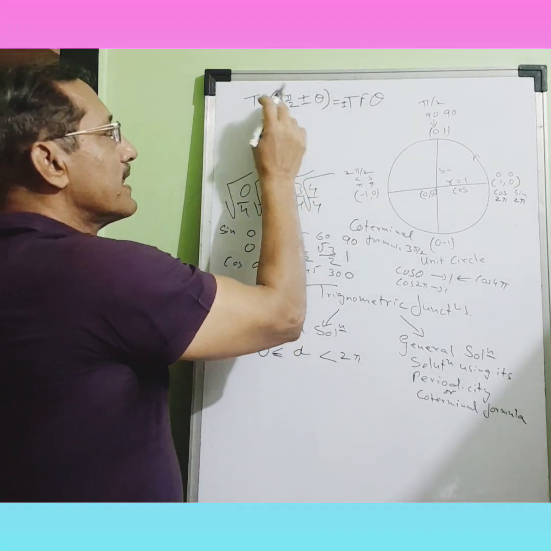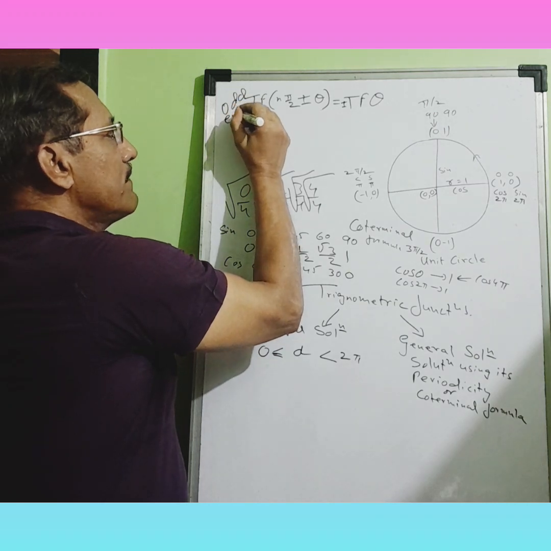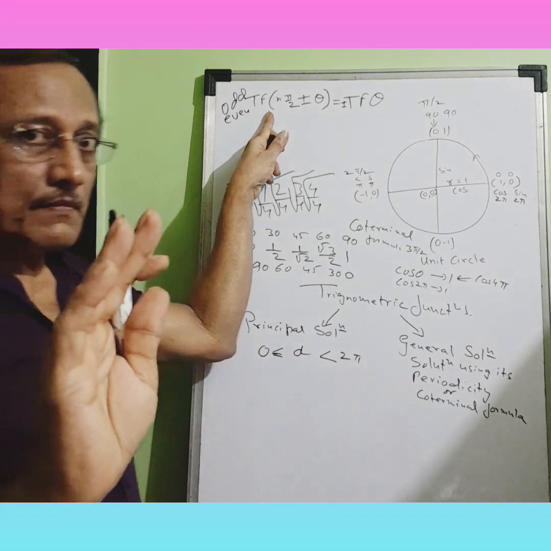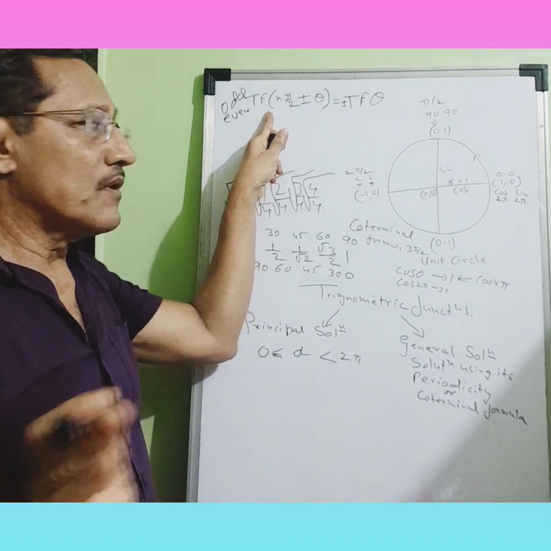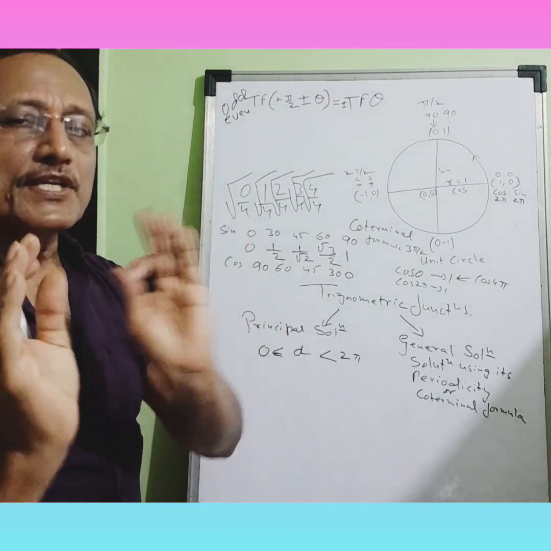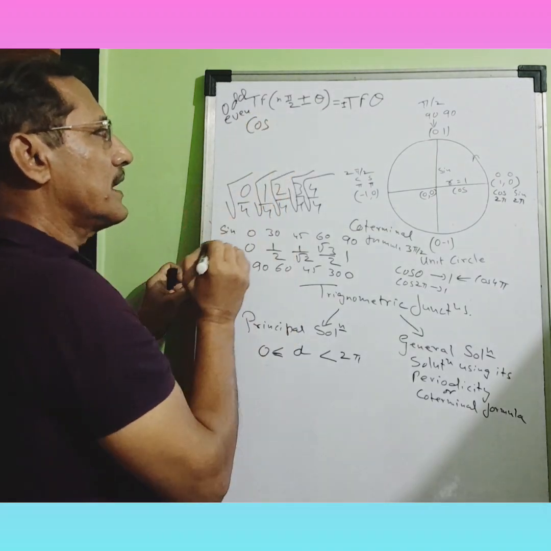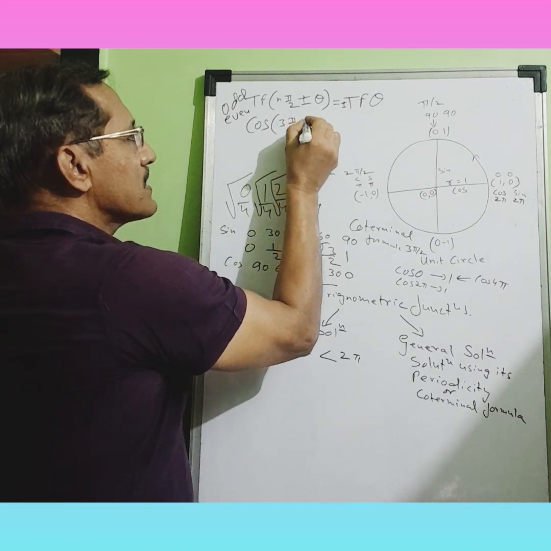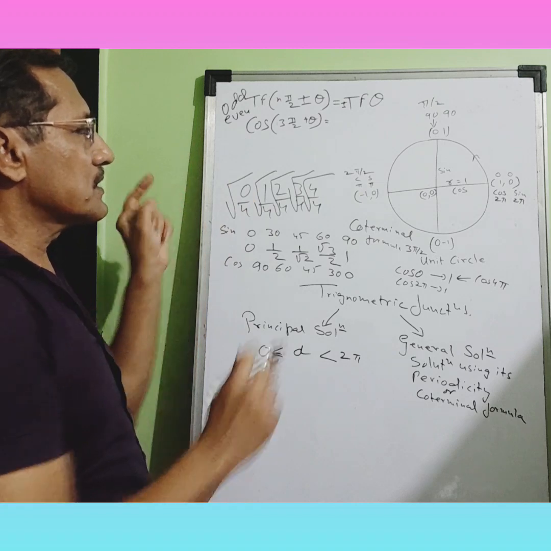Now, this n can be odd or this n can be even. If this n is odd, let us put in some value, let us put in 3. Let us also choose one simple trigonometric function, and let it be cos. Cos of 3 pi by 2 plus theta. How do we tackle this?